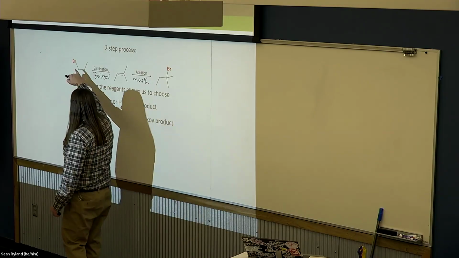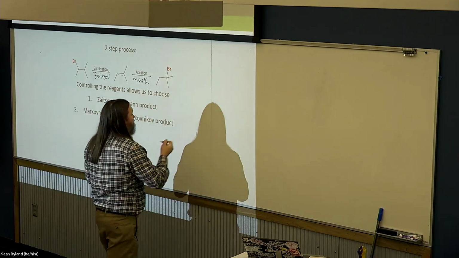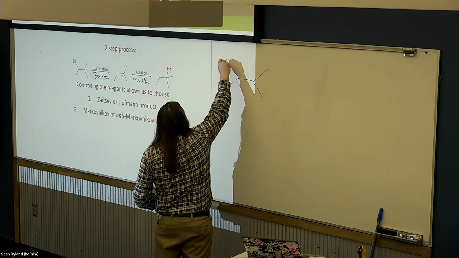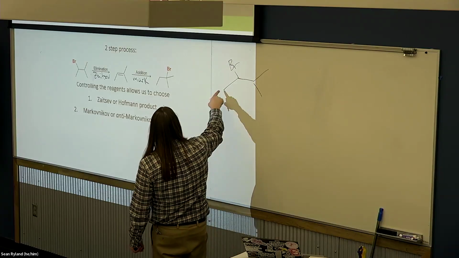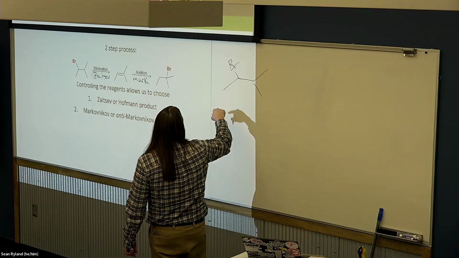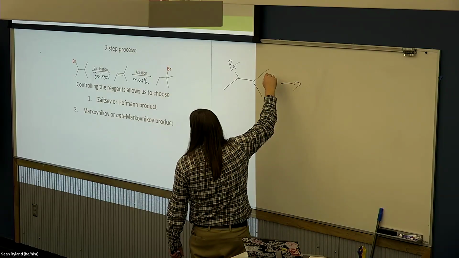If we wanted to start here and go the other direction, if we were starting here and we wanted to put the bromine on carbon 1 instead, we would do Hofmann.